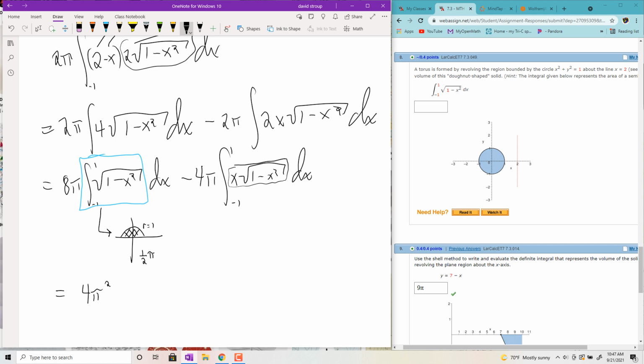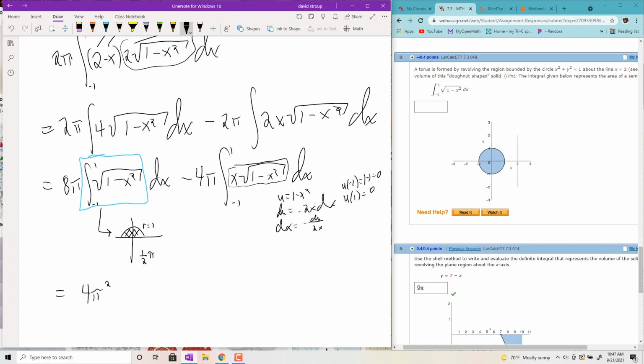If you don't believe me, you can try doing a u sub, like u equals 1 minus x squared. du would be negative 2x dx, and then dx will be negative du all over 2x. If you change the limits on the integral, u of negative 1 would equal 1 minus 1, which is 0, and u of 1 would also equal 0.